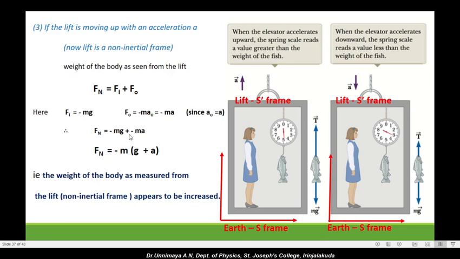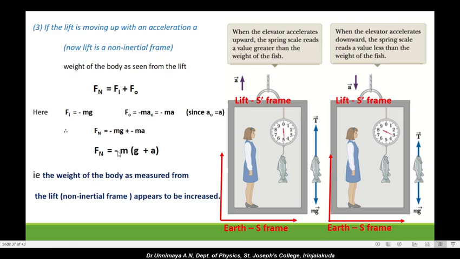But when the lift accelerated with an acceleration a in the upward direction, we found out that the force acting on the body becomes equal to -m into g plus a. So this g plus a means that the weight of the body becomes increased.